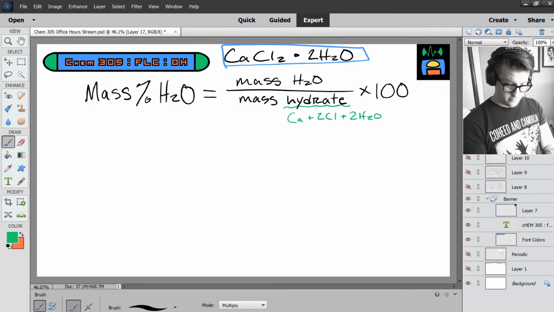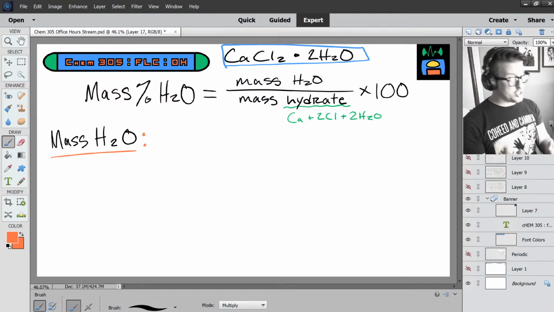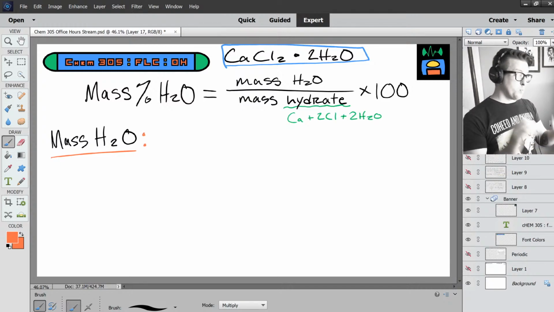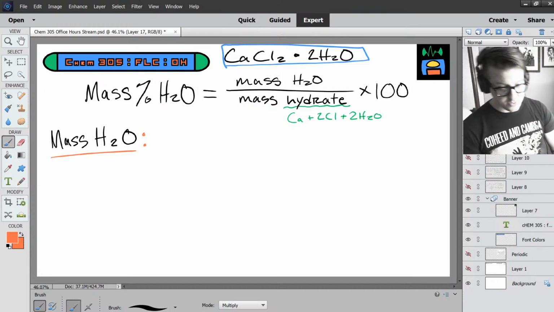So first, we need to find our mass of H2O. And I know we literally just did this, but I'm going to take it one step at a time as if we hadn't and apply the rules for sig figs as we go.